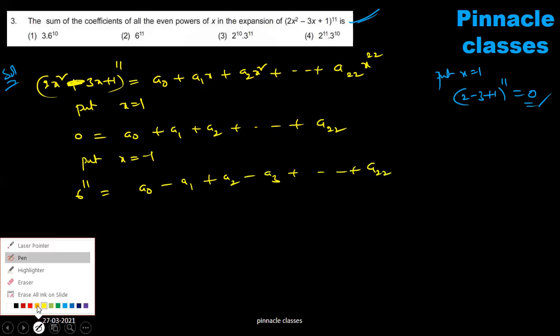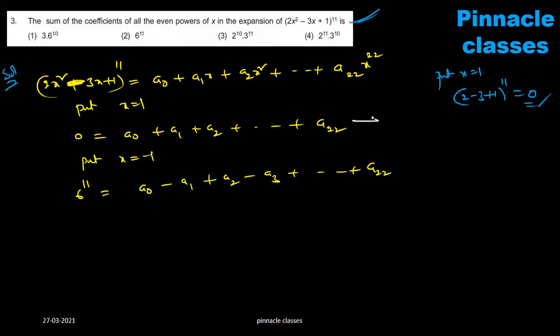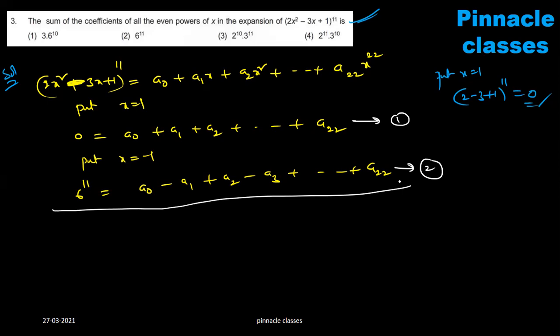Now we should add them or subtract them. If I subtract, a0, a2 cancel. If I add, a1 and the odd terms cancel. Our question is about even powers of x, so you have to consider a0, a2, a4, up to a22. So we should simply add them.